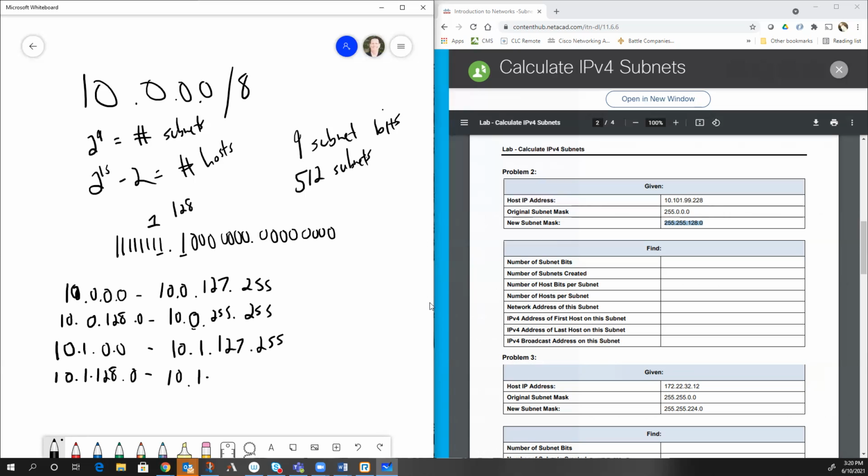So I really think that this question is a bit overkill, because you would literally have to go all the way up to, let's see, this will be 10.101.0.0 to 10.101.127.255. Now, the reason the way I get that is because just knowing that every single octet, it's going to be 10 from here, be 10.101.128.0 because I've established my ranges here.